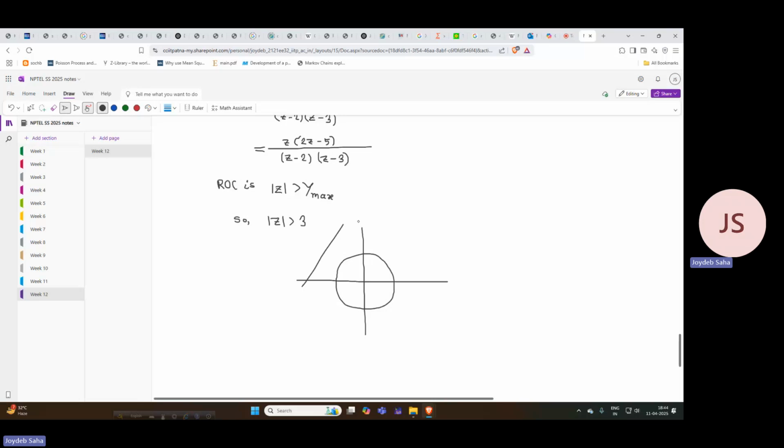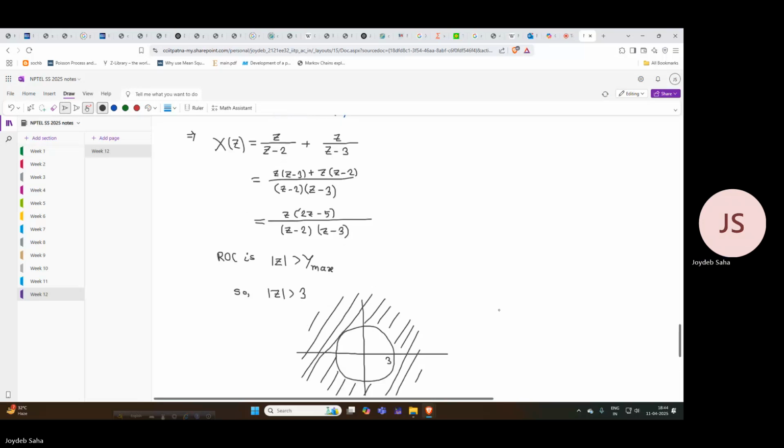This is the ROC. This is z is equal to 3, or we can write this point as plus 3. Have a look on this solution, then we will proceed for the next problem.